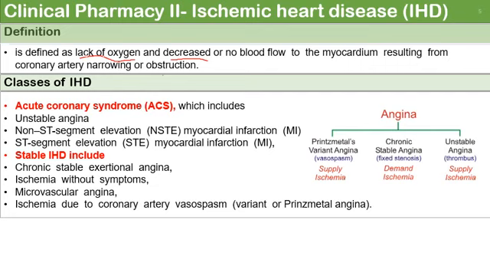Unstable angina is a progressive disease from chronic stable, in which a thrombus forms that closes about 90% of the coronary vessel that supplies blood with oxygen to the myocardium. So it is a supply ischemia, in which the problem is the supply, not the demand.